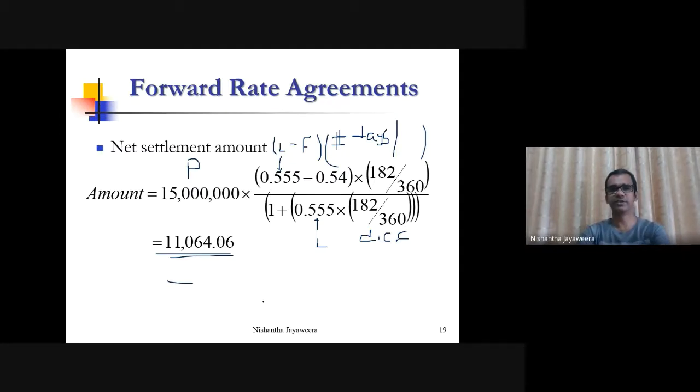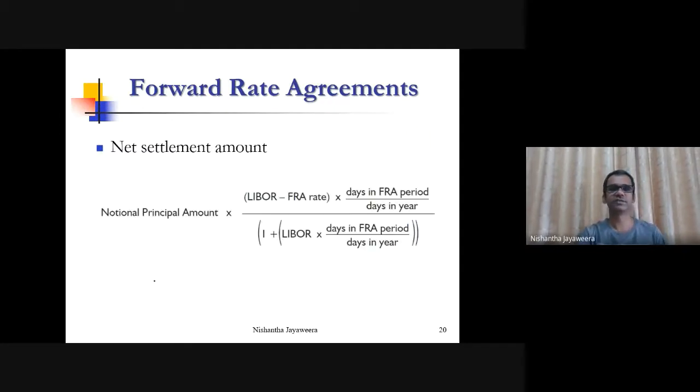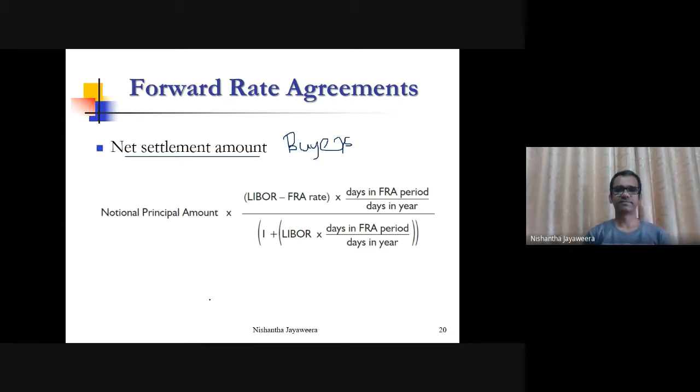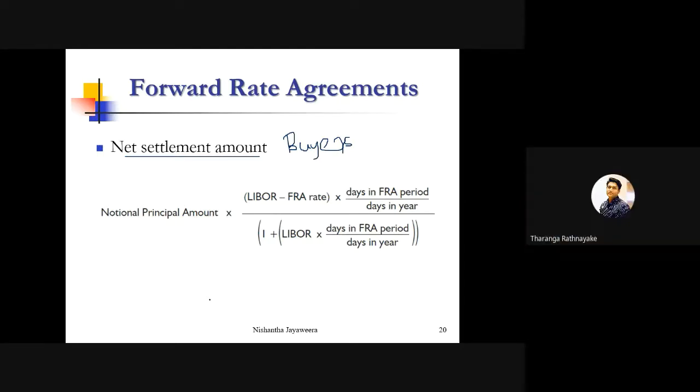Like in options, we use this equation to calculate the net settlement amount from the buyer's point of view. If you get a negative figure, that means the buyer pays. If you get a positive figure, that means the buyer receives. Is it clear? Any questions?